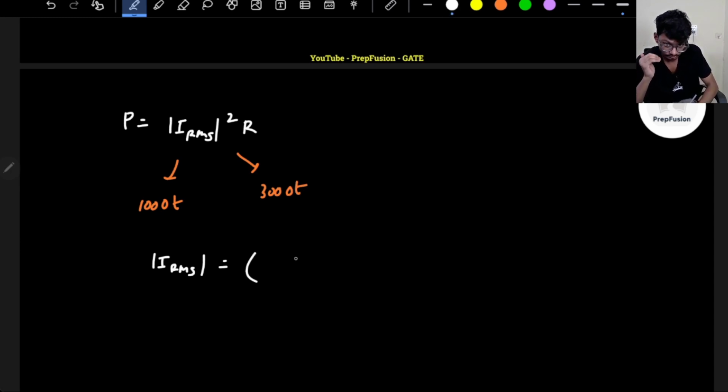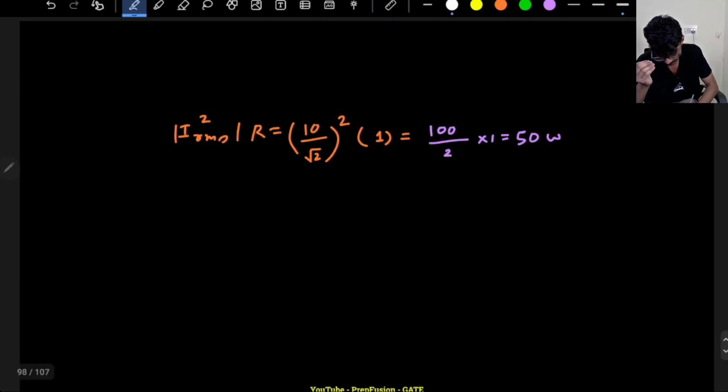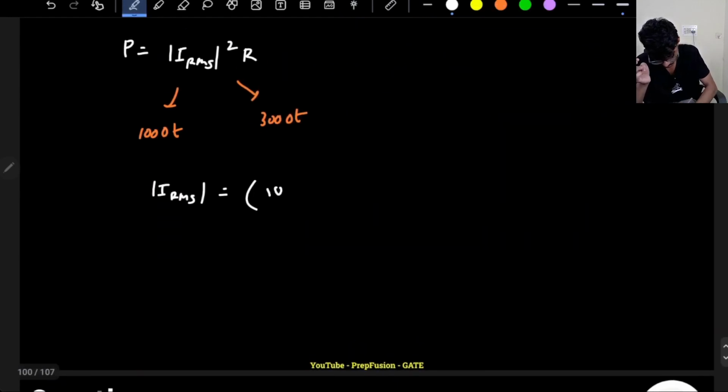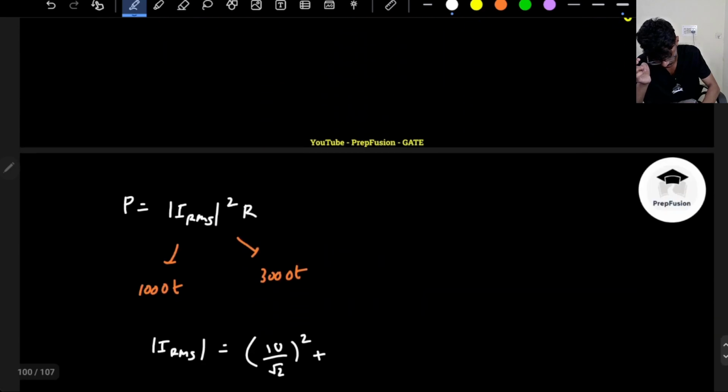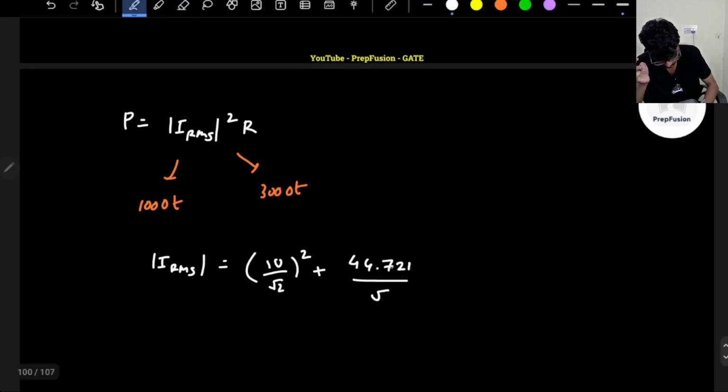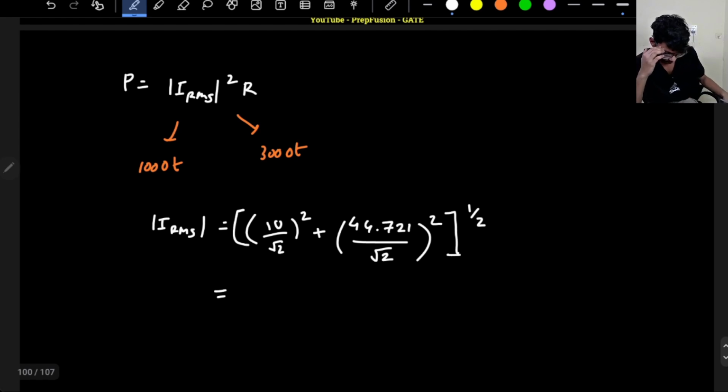That is, this I RMS is the square root of 10 divided by root 2 whole square, the individual RMS, plus 44.721 divided by root 2 whole square. It is the same as adding powers only.